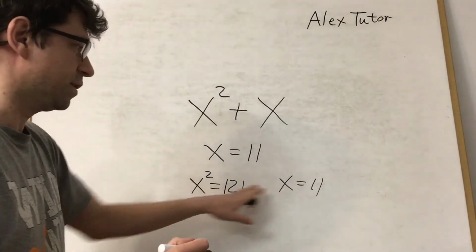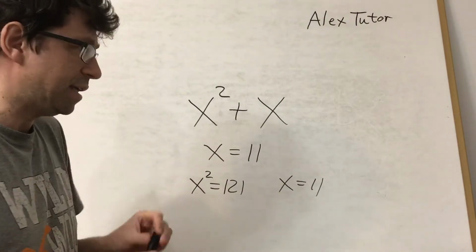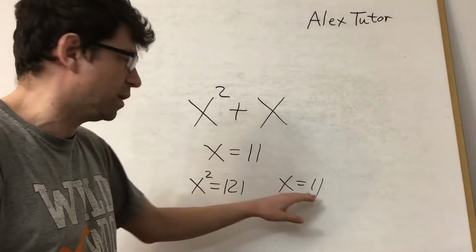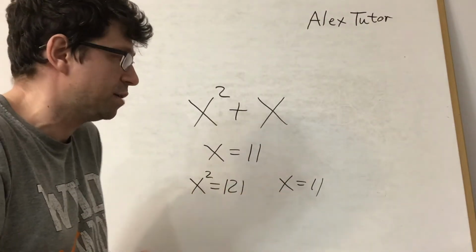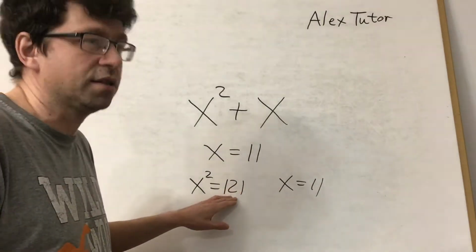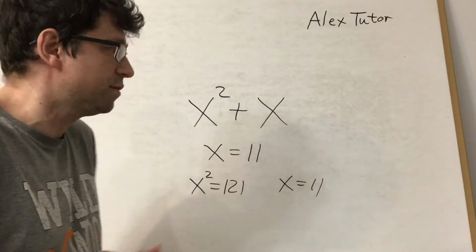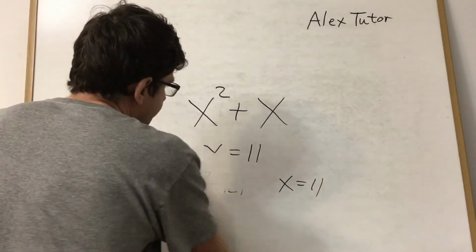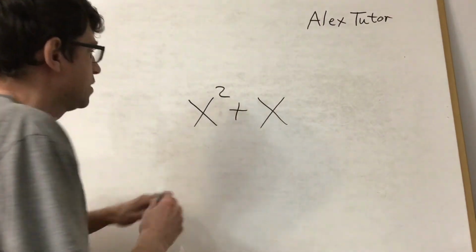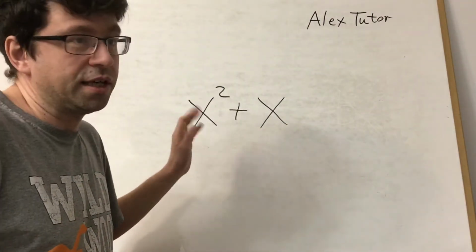So two different numbers. Is there any similarity between 121 and 11? No, those are two different numbers. Suppose you have $121 or you have $11. It's a big difference. So those are not like terms, I cannot combine them.